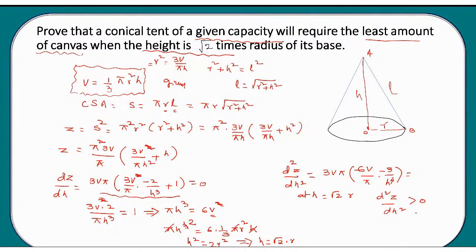The second derivative is positive. Since the second derivative is positive, the surface area of cone is minimum.